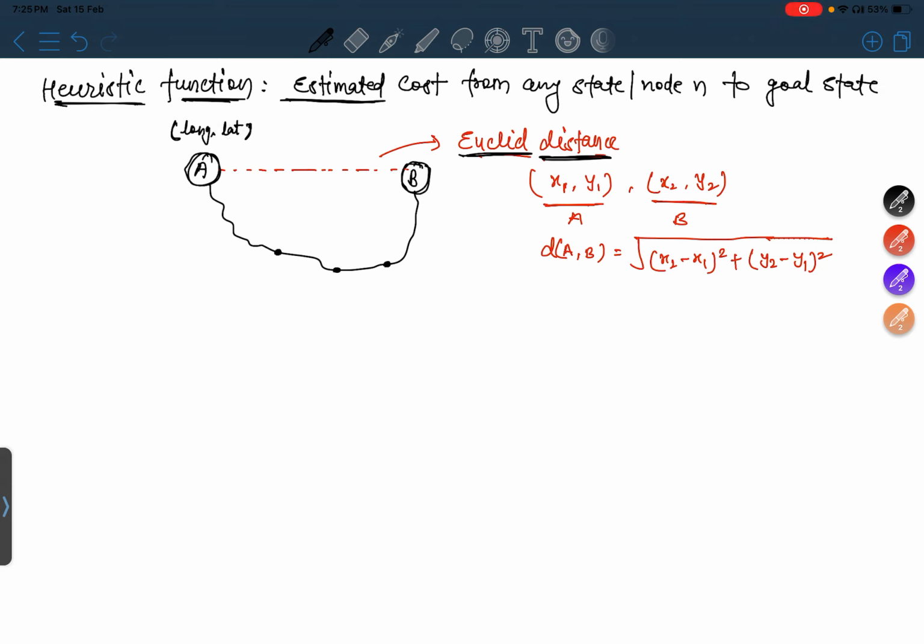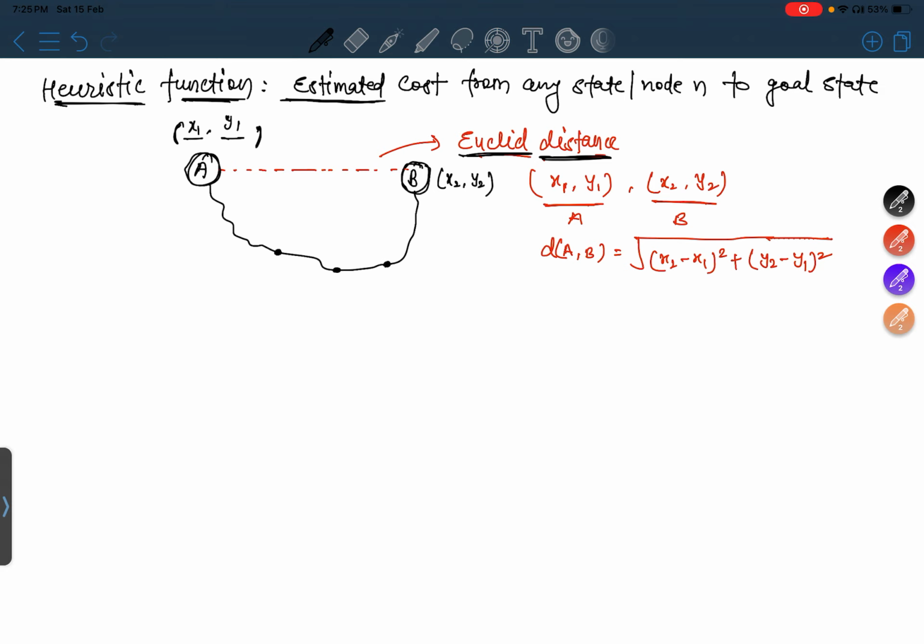So each city can be defined in coordinates. So I can say the latitude is x1 and the longitude is y1, and similarly x2, y2 for the other city, and I can use this distance formula to calculate the distance between these two points.